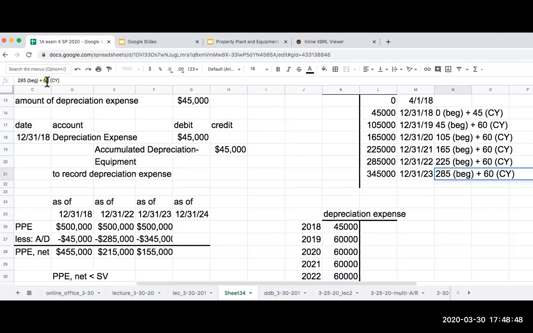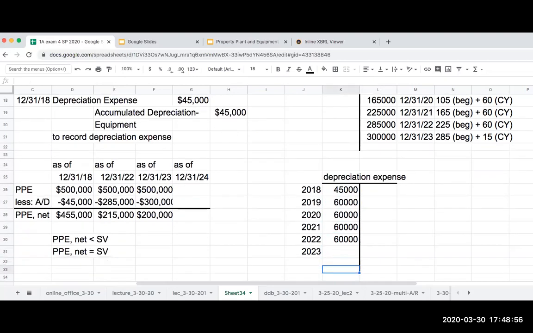Because if I take $15,000 in the current year, my total accumulated depreciation is going to be equal to $300,000. So my property, plant, and equipment net will be $200,000. And if I put that $15,000 in over here, the total amount of depreciation expense that I've taken over this period of time is $300,000.